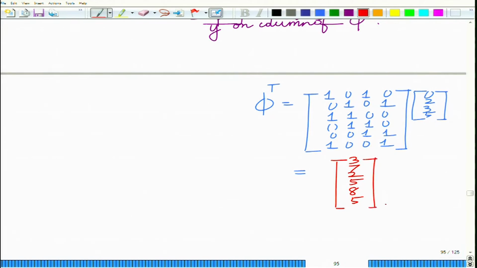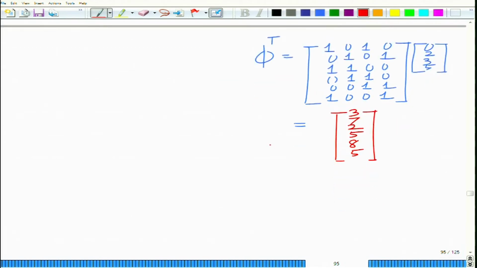Remember, each of these entries is the projection. For instance, 3 is equal to phi 1 tilde transpose y bar, 7 equals phi 2 tilde transpose y bar, and so on.